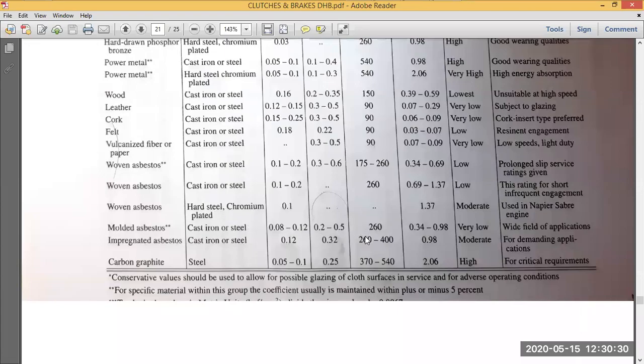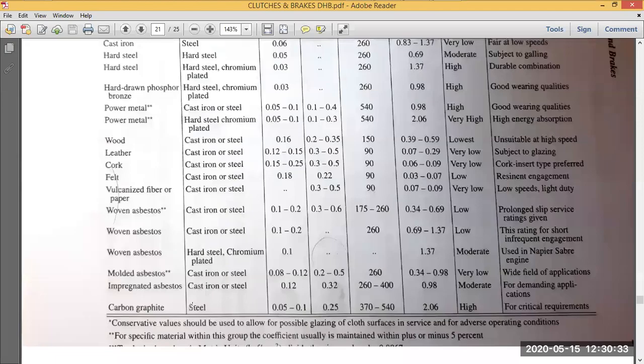Okay, then it doesn't matter. Only this much we are left out, but even then we are coming well within the range.